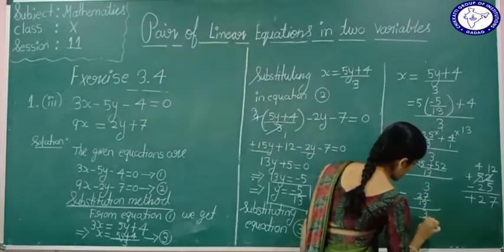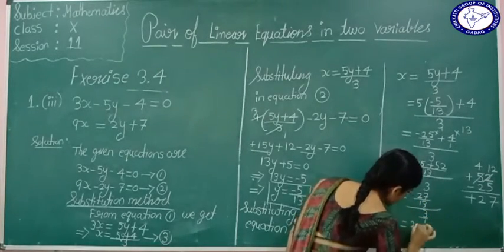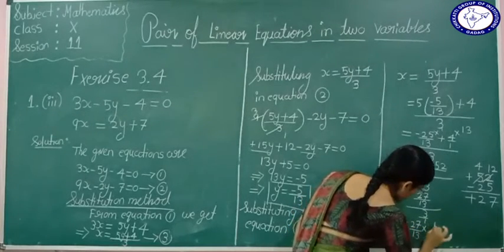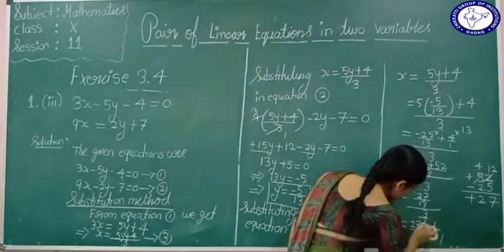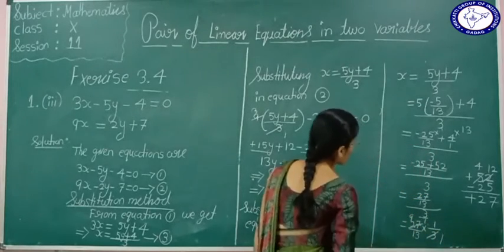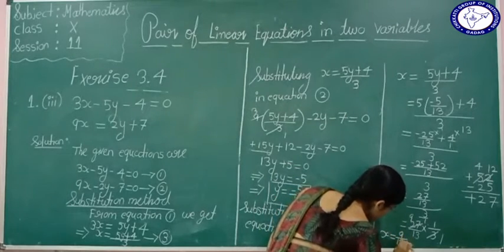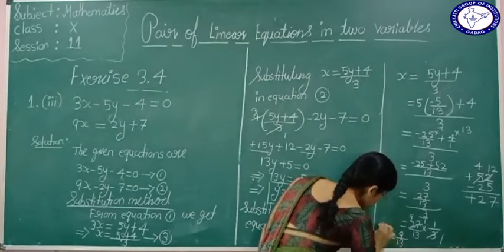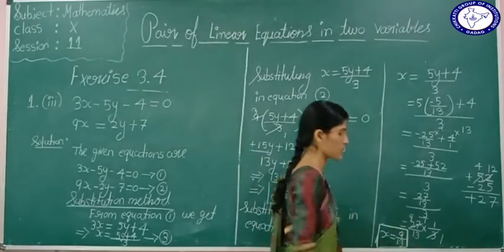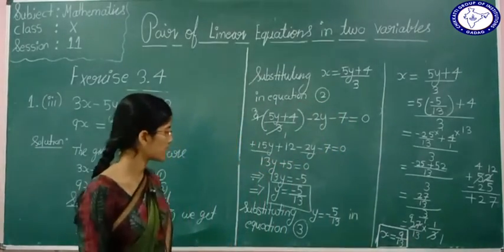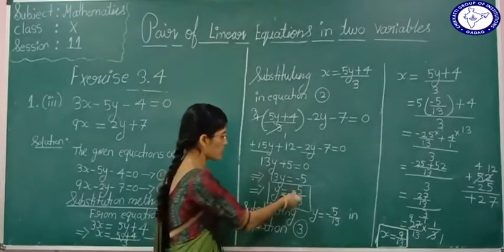So this is nothing but 27 by 13 into 1 by 3. 3 ones are 3, 9 threes are 27. What is the x value we got? x is equal to 9 by 13. So the x value we got is 9 by 13 and the y value we got is minus 5 by 13.